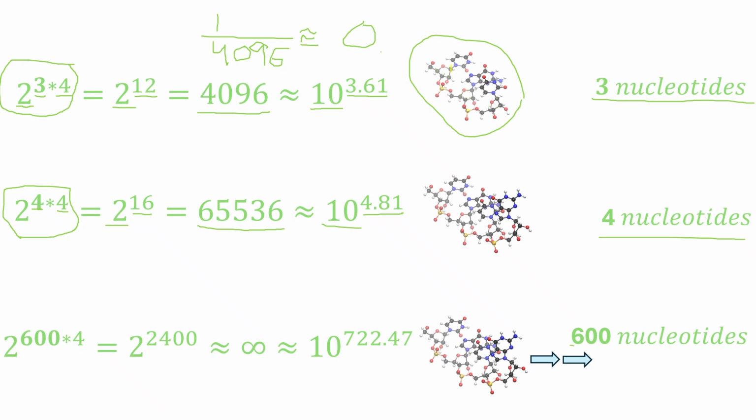So we take 2 times 600 nucleotides times 4 chiral carbon centers of the ribose molecule, which is then 2 raised to the 2400, which closes in on infinity, one could imagine. But the number is explicitly 10 raised to the 722.47. And so this is basically impossible to happen by chance.